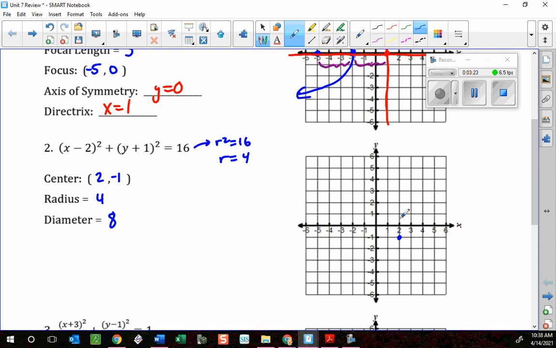So I'm going to go 4 up, 4 down, 4 to the right, and 4 to the left. And there is my circle. Pretty ugly circle, but you get the idea. So, the radius is this length, the diameter would be the whole thing. That's just basic facts about a circle.